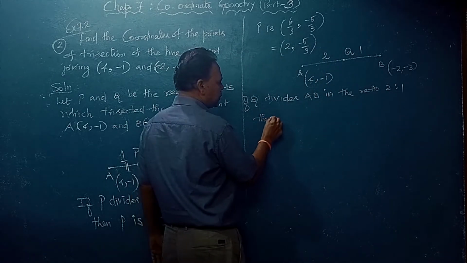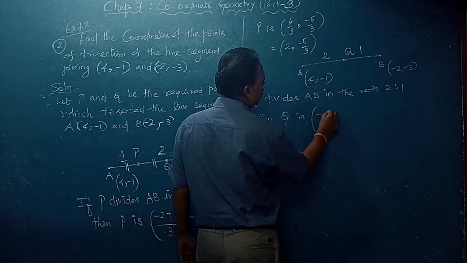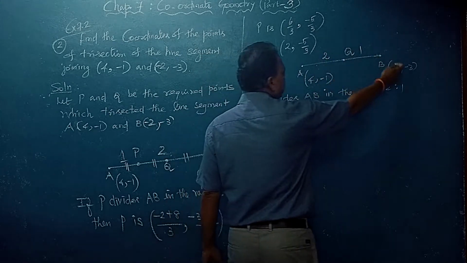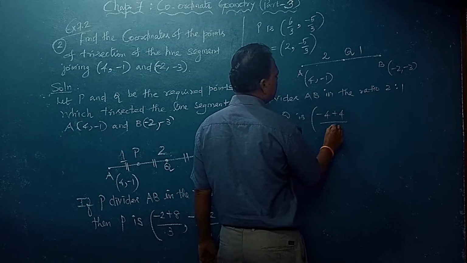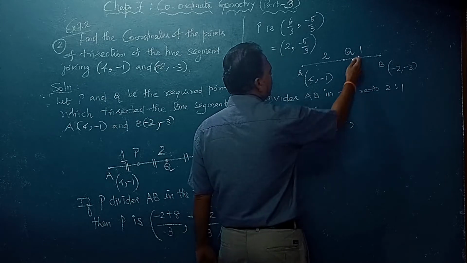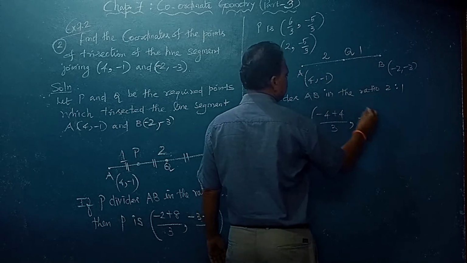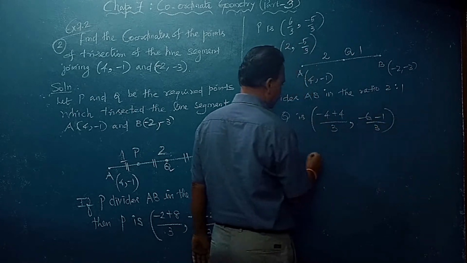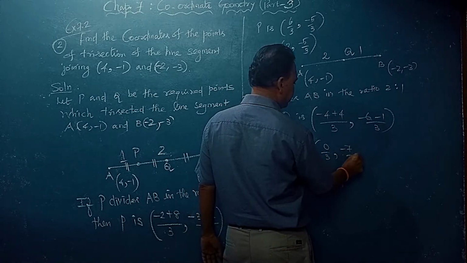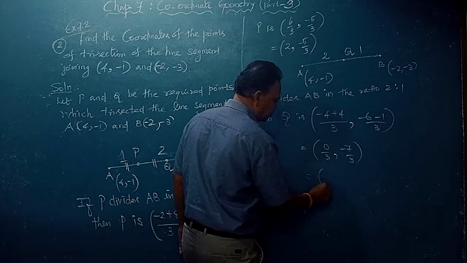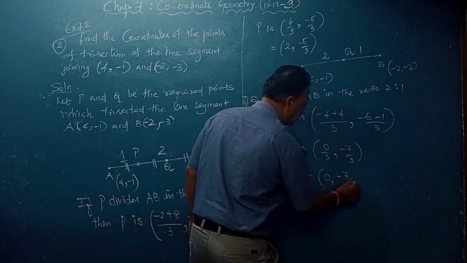Then Q is minus 4 plus 4 by 3 for the x coordinate, comma, minus 6 minus 1 for the y coordinate. So that is equal to 0 by 3, comma, minus 7 by 3. That is 0 by anything, 0, comma, minus 7 by 3.